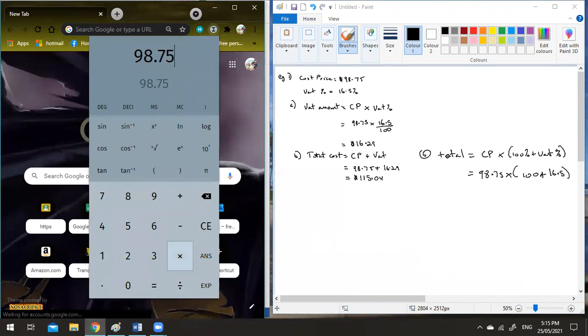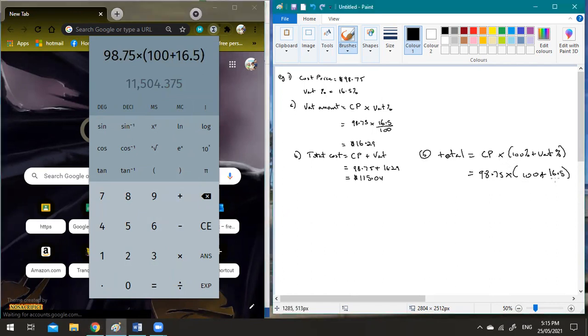98.75 multiplied by, when you open your bracket, 100 add 16.5, close the bracket. Now this is supposed to be a percentage, right? So these will be divided by 100.